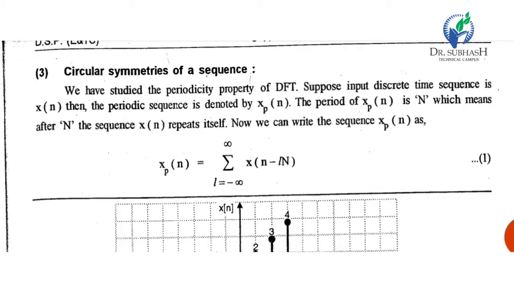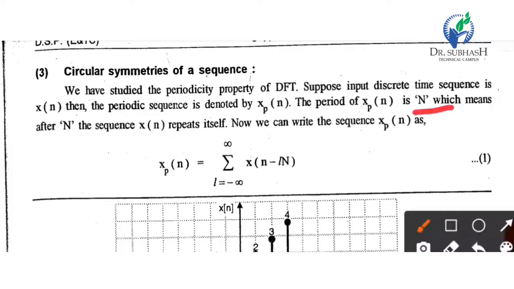The next property is circular symmetries of a sequence. We have studied the periodicity property of DFT. Suppose the input discrete time sequence is x of n, then the periodic sequence is denoted by x p of n, and the period is N, which means after N samples the sequence x of n repeats itself.